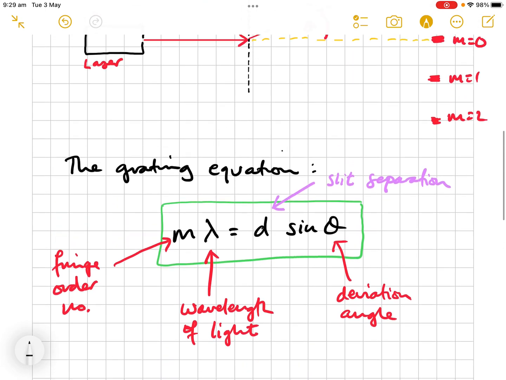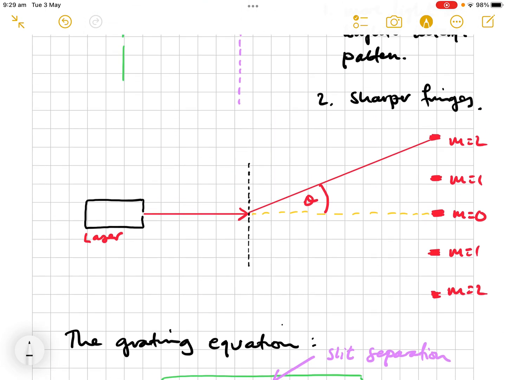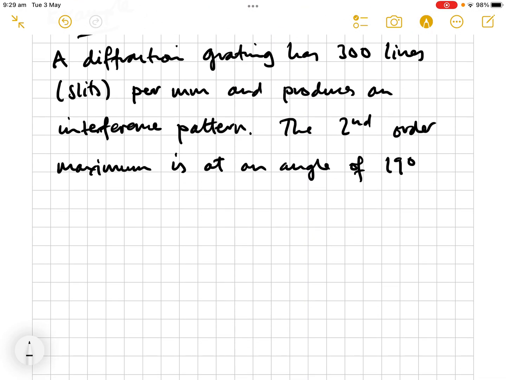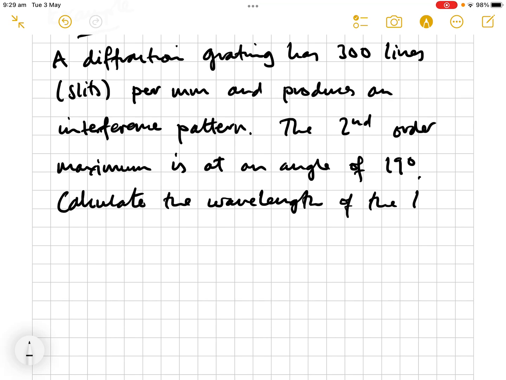So that's the theta that you can see in that diagram, 19 degrees in this case. Calculate the wavelength of the light.